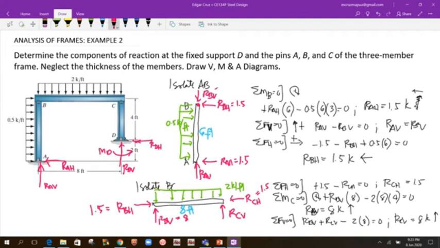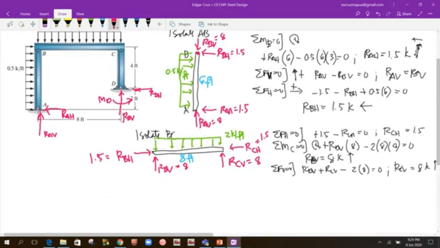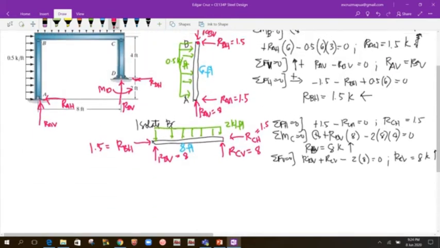Then if we sum up forces vertical, sabi natin they are equal. Diba yung RAV tsaka RBV equal yan. So this would be also 8. Yan. Okay. Now, how about RCV? What do you think? RCV, nasolve na natin yan. This is also 8. Okay? So what's next?